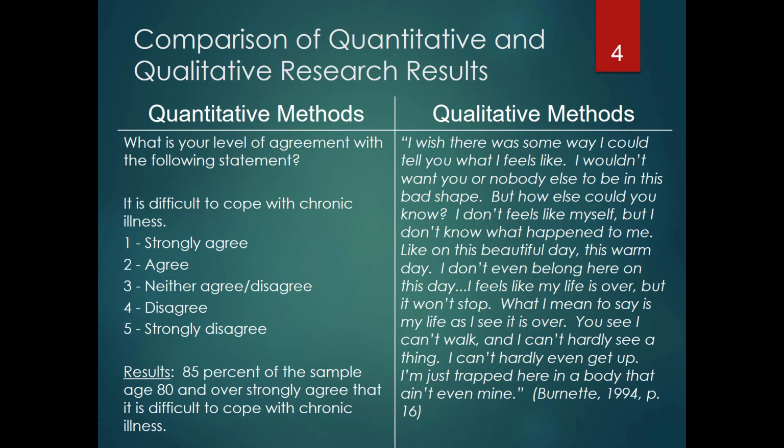The participants would just select whichever one best fits them. Whenever we collect the data from something like this, we would write up results like 85% of the sample age 80 and over strongly agree that it is difficult to cope with chronic illness. So with quantitative, we are looking at numbers and we try to come up with percentages to describe the sample and to describe what's going on.